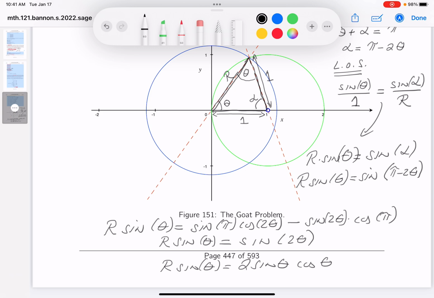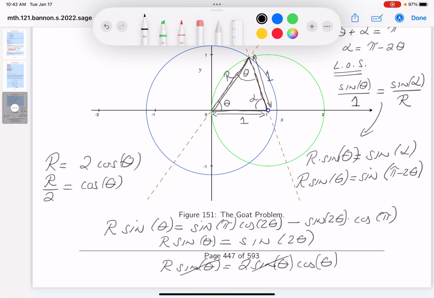Now what's nice about this problem, I certainly know there's an angle over there, and I know the sine of that angle is not 0, so I can divide both sides by sine theta. So I get something pretty interesting. I get r equals 2 cosine theta. And I'm going to say r divided by 2 is cosine theta.